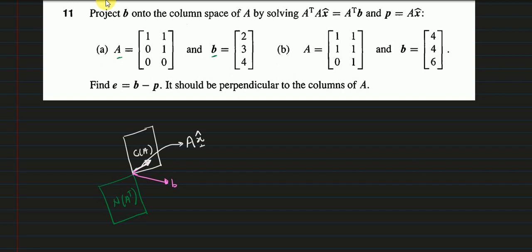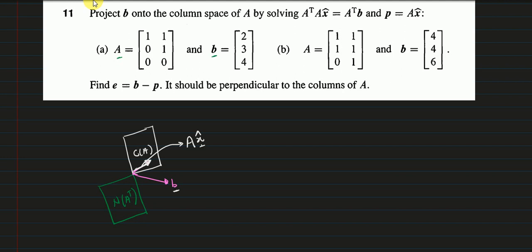Also, if you observe, this B can have one more component, which we can project into the left null space of A, or we can say the null space of A transpose.